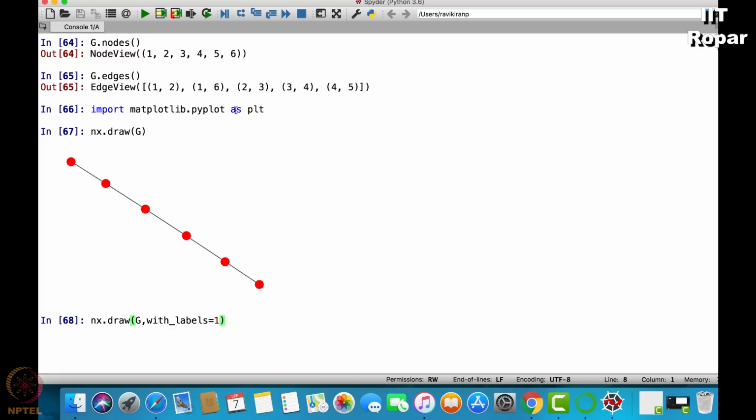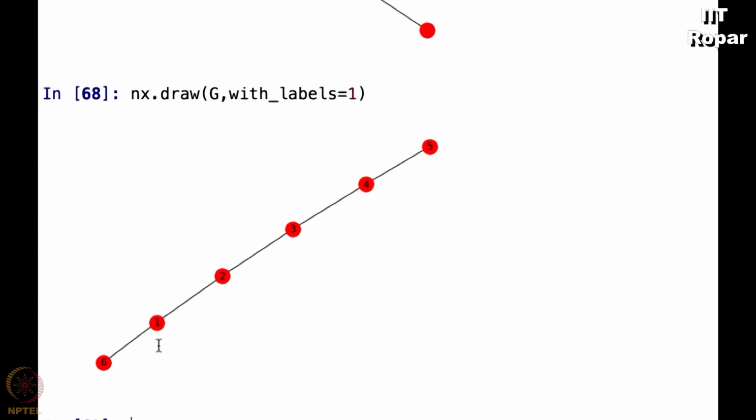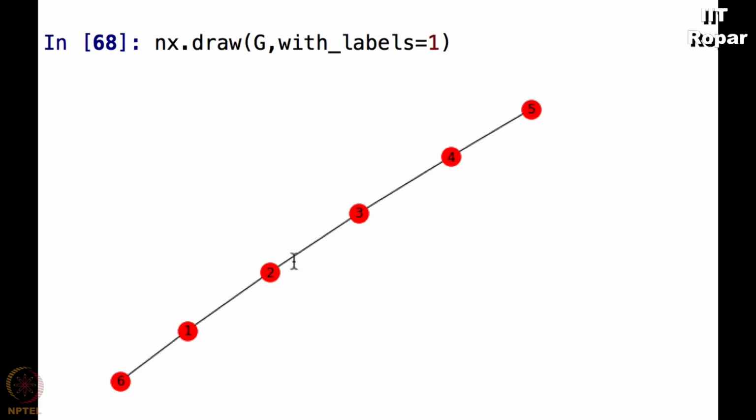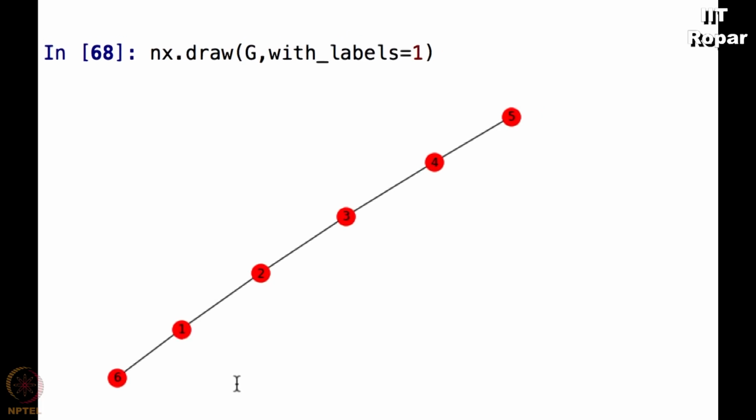So what does this mean? It's going to draw G with labels. This command is true. Why? I have given 1 here. So this becomes true and the graph gets labels. Do you see this? 1, 6, 2, 3, 4, 5. So we have now obtained our graph with labels.